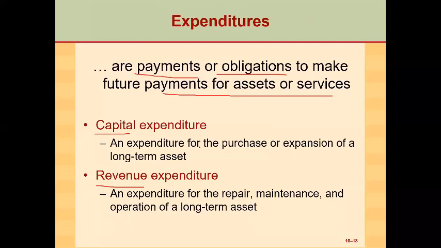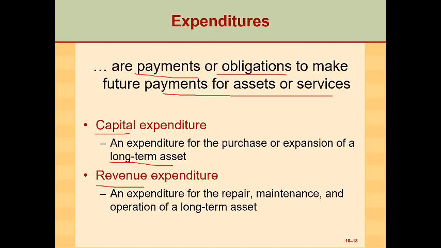Capital expenditure is for the purchase or expansion of long-term assets. It means making an addition to the asset, like if you have a building that has 2 floors and you would like to build a 3rd floor. This is capital expenditure because it is an addition.